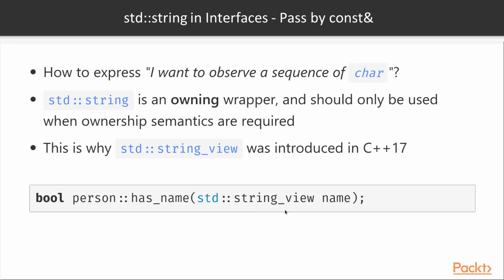By using std string view in the signature of hasName, we explicitly tell the reader that our intention is just to observe an existing sequence of char. And also, due to the way this type is defined and works, it will be able to be instantiated with any type of string, not just std string, with minimal overhead.